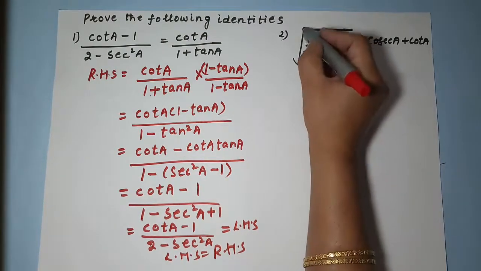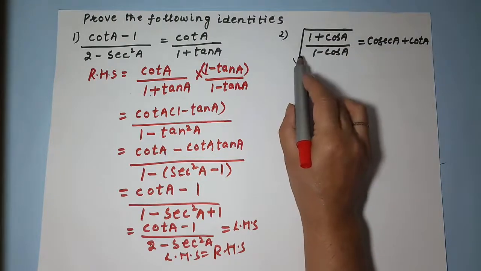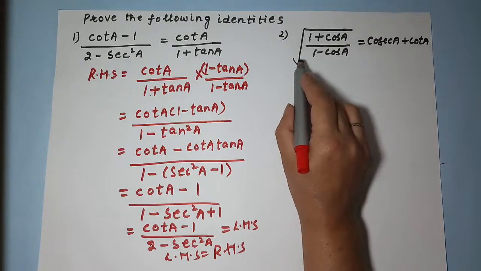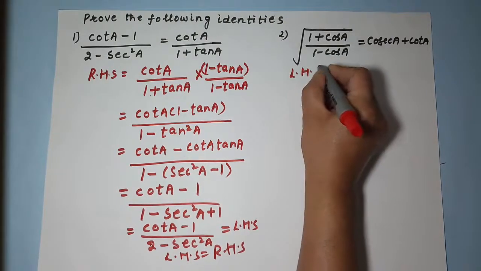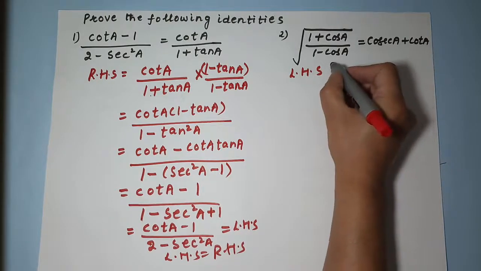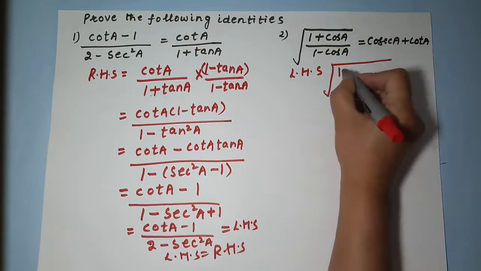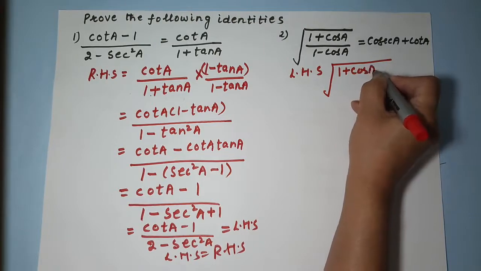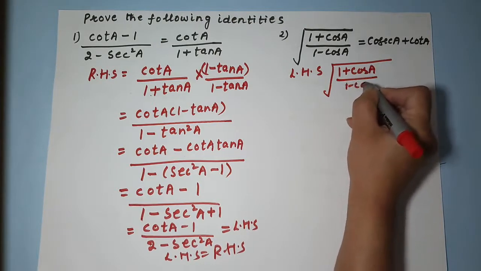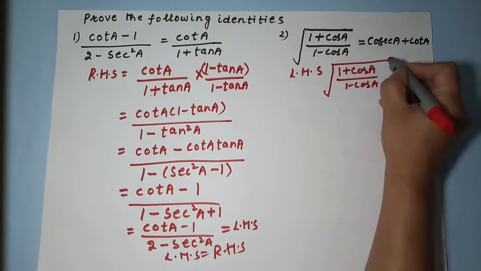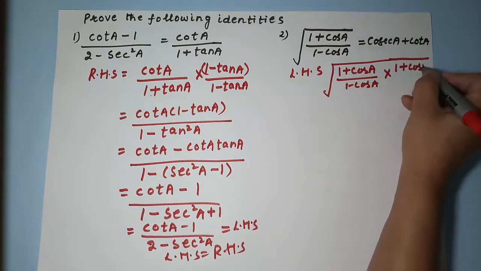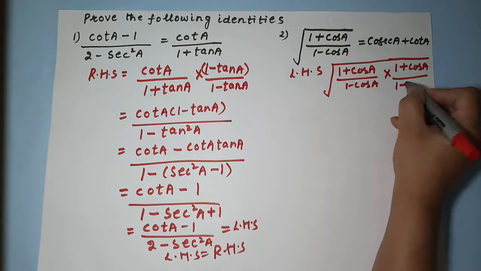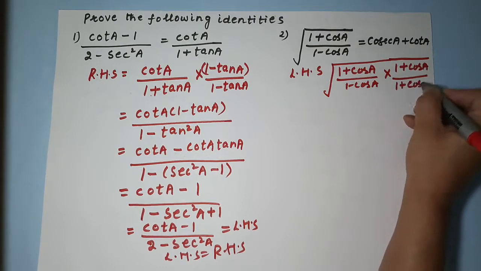Whenever you see a sum, any identity in the square root, the first thing that should come to your mind is that I have to rationalize this. So let me take the left hand side, and now I am clear what the left hand side is. It is the square root of (1 plus cos A) upon (1 minus cos A). So I'll rationalize it as (1 plus cos A) upon (1 plus cos A).